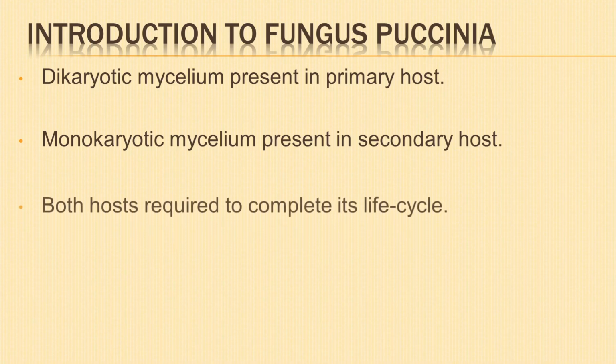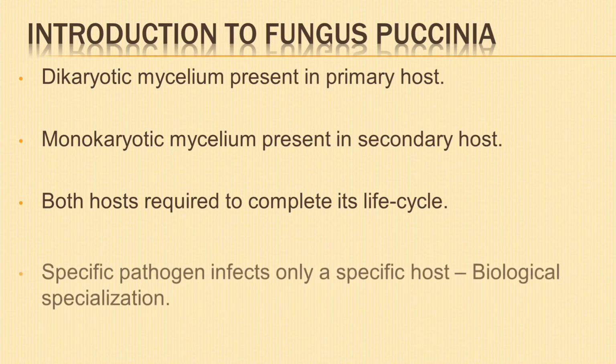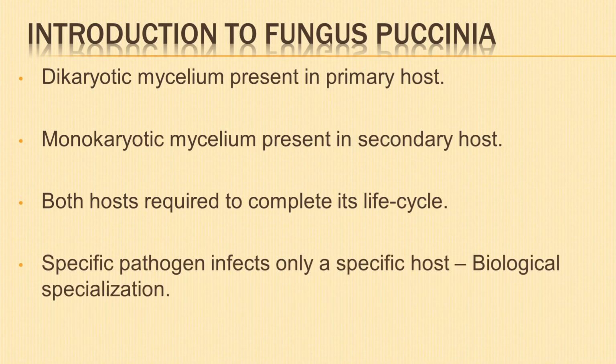The life cycle of Puccinia graminis is completed only when both the hosts are present. A phenomenon in which a specific pathogen infects only a specific host is called biological specialization.